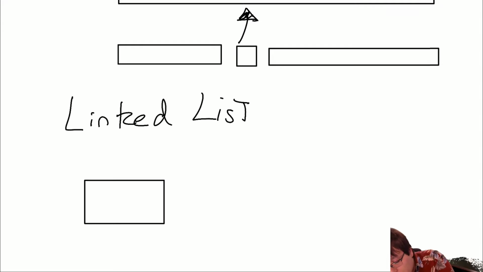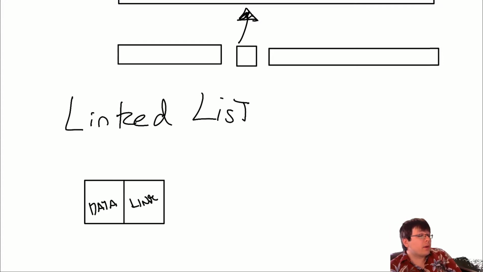So a node is typically made up of two things: data and the link component. The data component is what you're storing in it. So if you have an array of integers and you want to make a linked list of integers, your data is going to be an integer. Could be an object as well. Could be other linked lists as well.